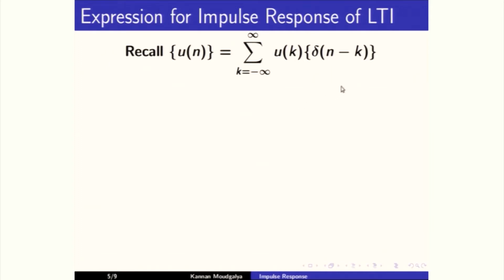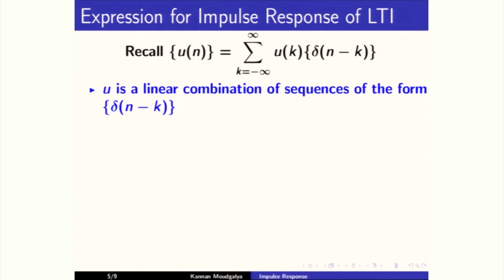Recall this expression that we derived earlier, where u is decomposed along the directions of the impulse signal, and this u of k is the value that this arbitrary input sequence u takes at different time instances. So u of k is the value that it takes at time instant k, and so on, okay.